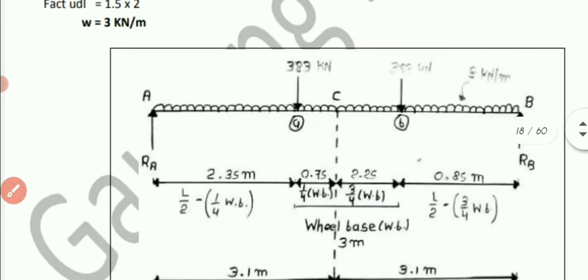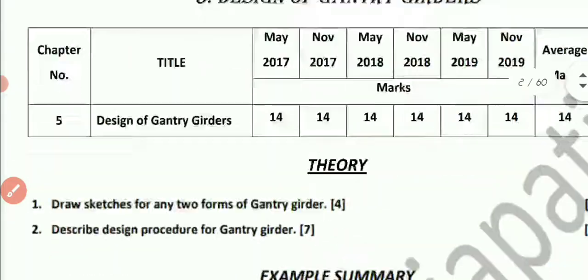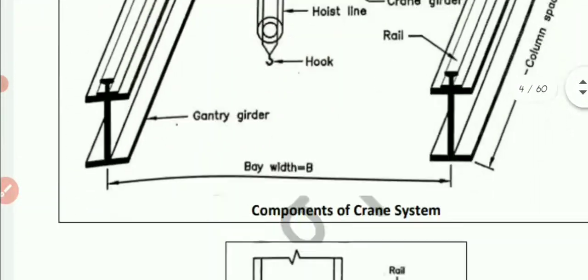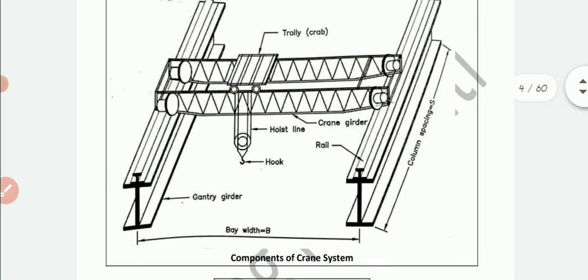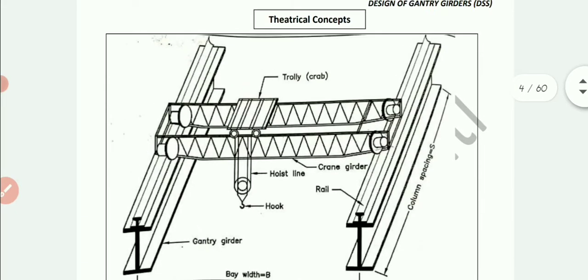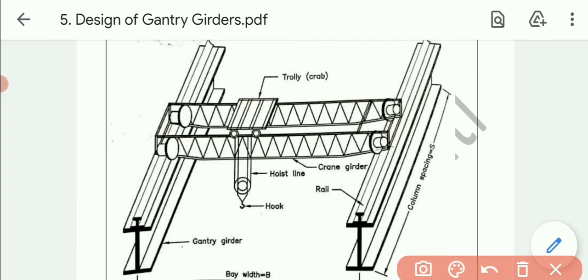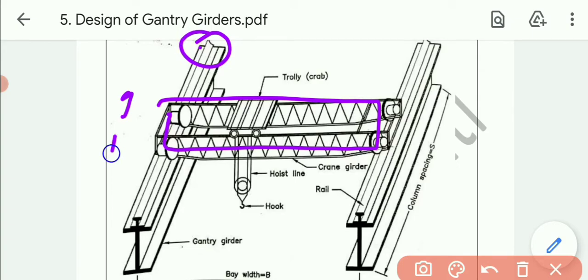For that, let me take you once again to the main figure of the chapter. See, now we know that maximum shear force usually occurs at the support, means at the reaction. So what we need to do is shift this crane girder either towards this end or towards this end. At any one of the ends the crane girder should be there.